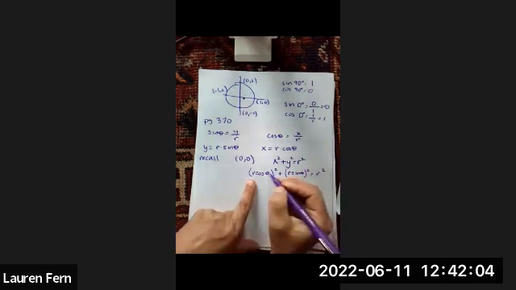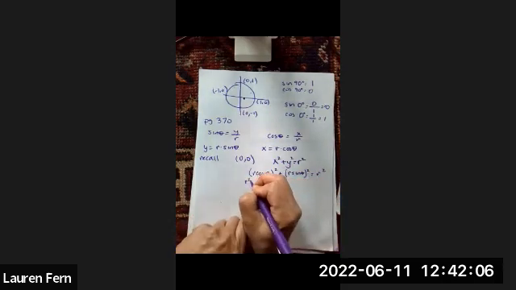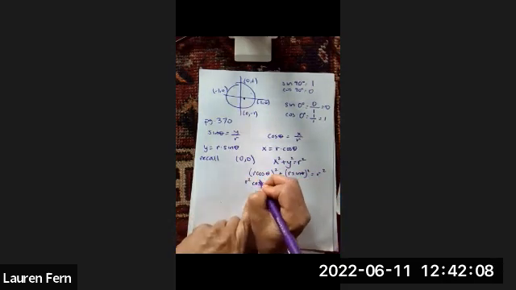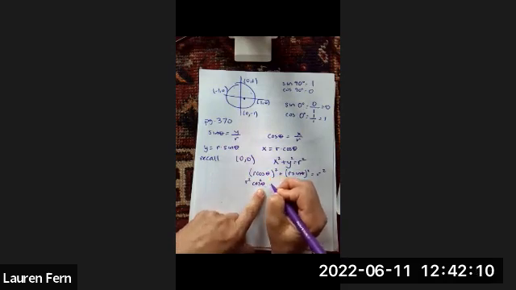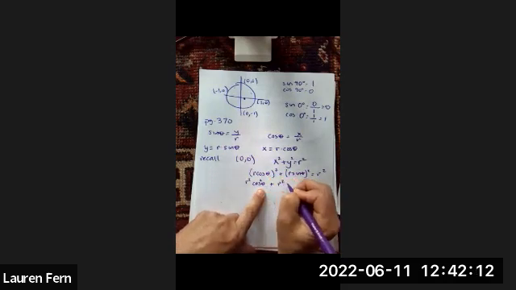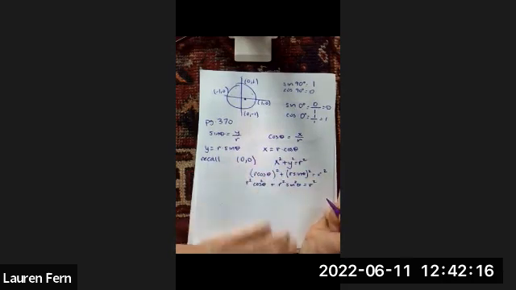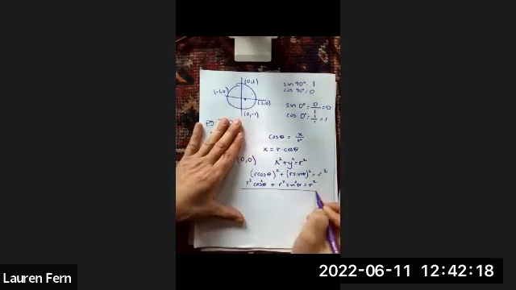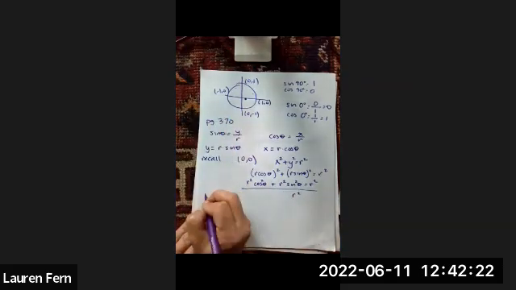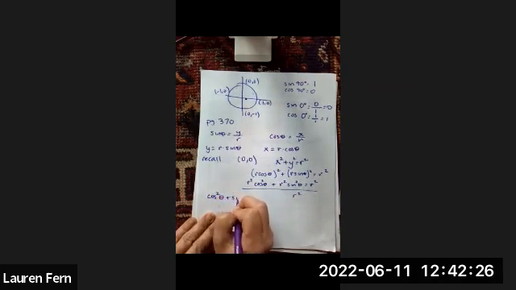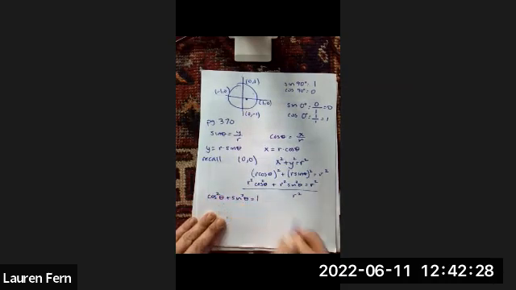Now if I bring in my square, I have r squared cosine squared of theta plus r squared sine squared of theta equals r squared. I can divide this whole thing by r squared since it's in every term. And what we get is that the cosine squared of an angle plus the sine squared of an angle is equal to 1.